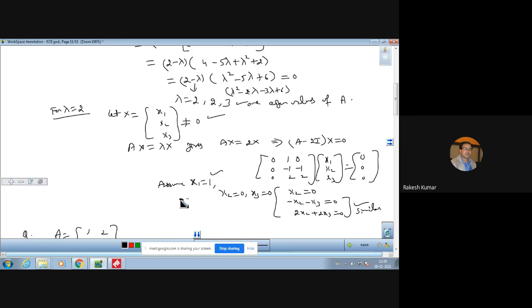So that is why we need to suppose the other element as non-zero. वो हम 1 ले सकते हैं. And this is eigenvector of A corresponding to lambda is equal to 2.